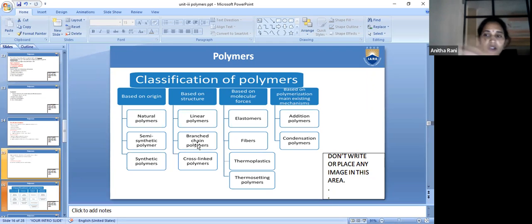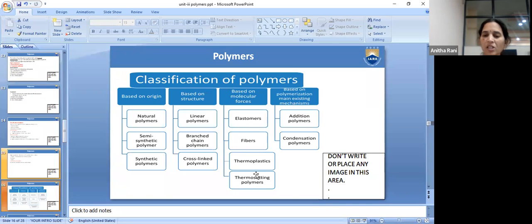All polymers are not straight chain, and all polymers are not branched chain; it depends on the polymer. Based on molecular forces, there are elastomers, fibers, thermoplastics, and thermosetting polymers. Elastomers means rubbers.